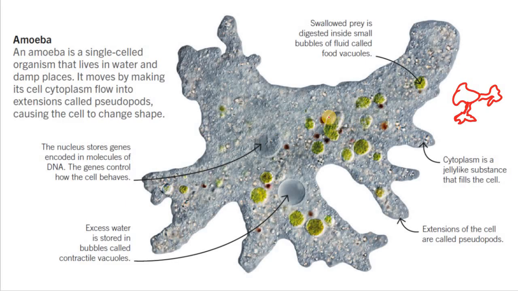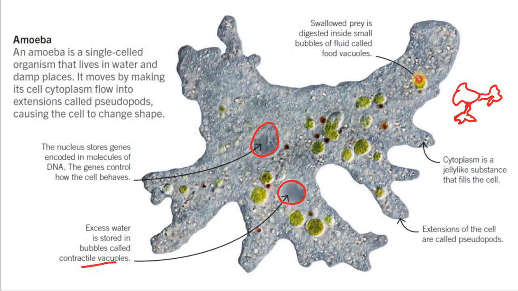Let us look into this a little bit more in detail. The first thing you see over here is the nucleus. This stores genes encoded in the molecules of DNA, and as you know, the genes control how the entire cell behaves. Now here is another part, which is basically the excess water stored in bubbles known as contractile vacuoles.